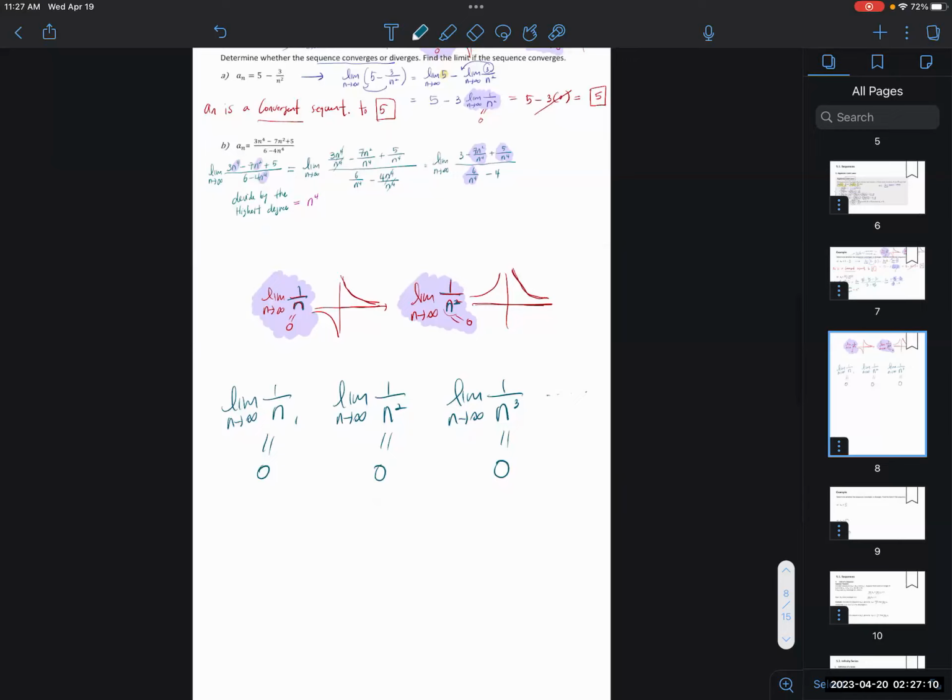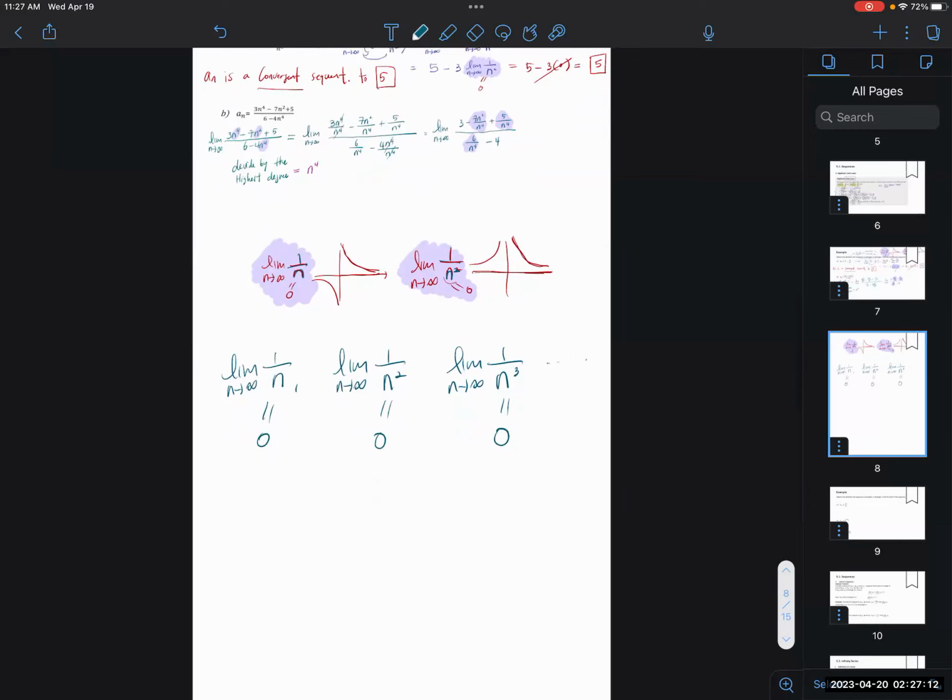We just proved that from calculus 1. So therefore, if you have a higher degree in the denominator, the limit goes to 0 all the time.